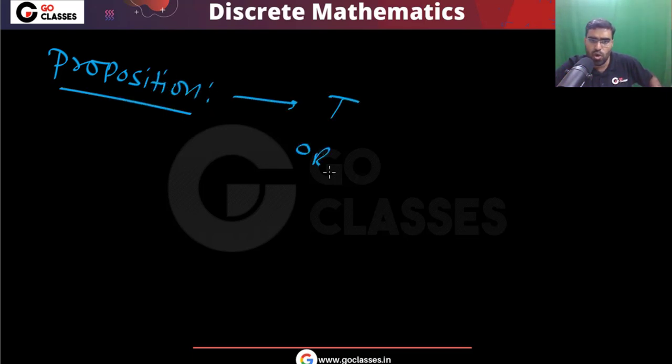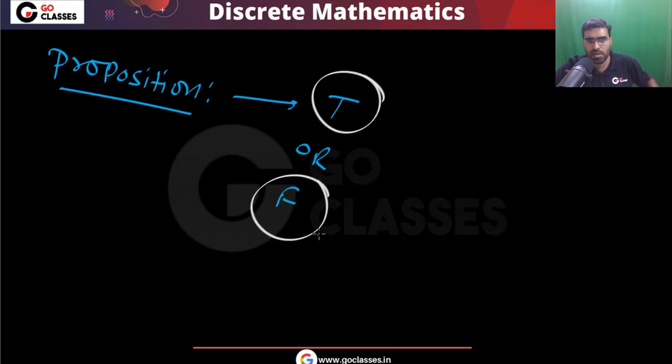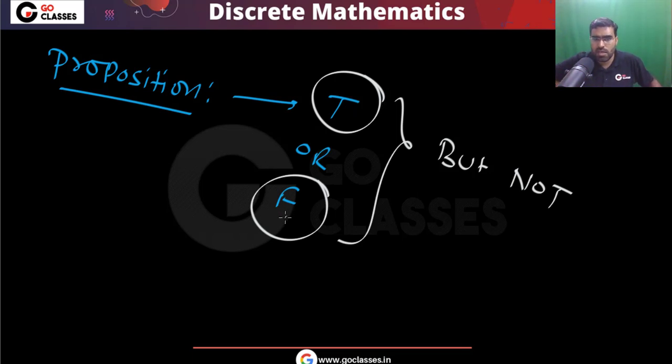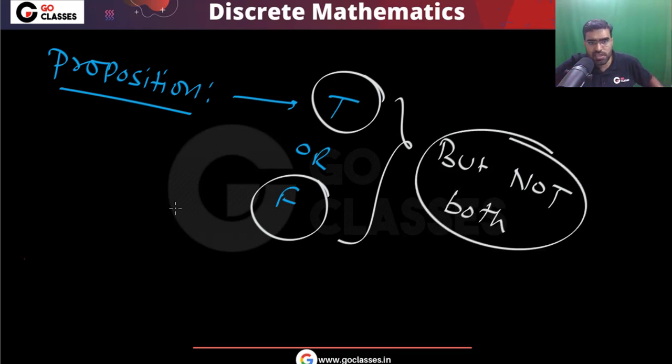In any situation it is one of them, it cannot be both. If it is true then it cannot be false, if it is false then it cannot be true. So it is either this or this, but it cannot be both.